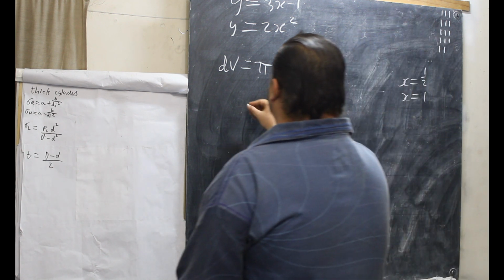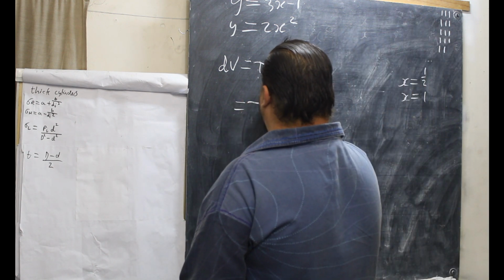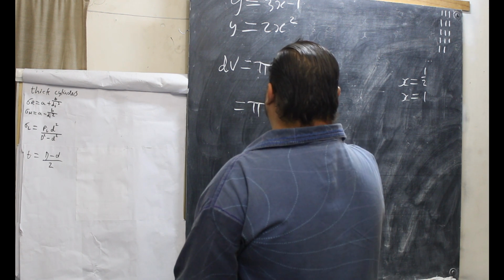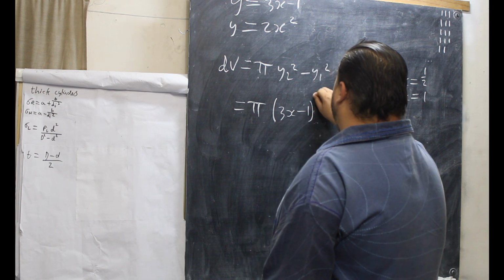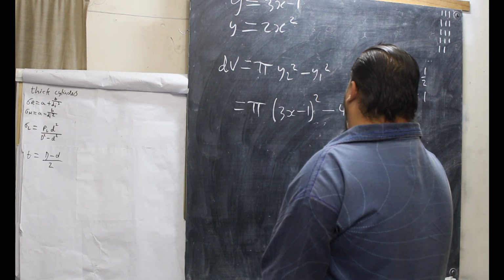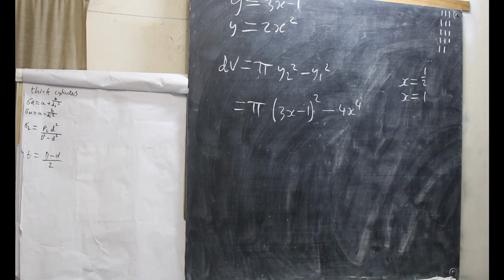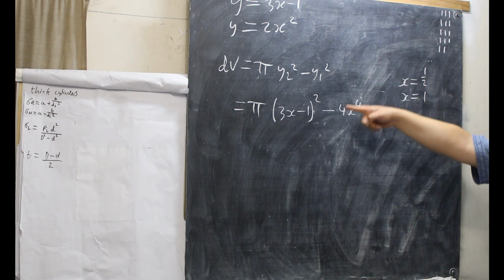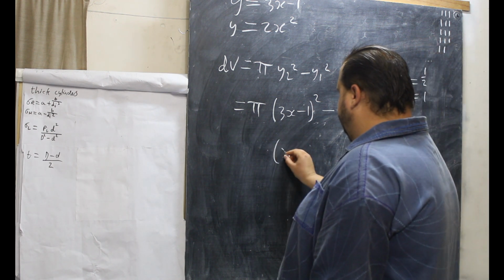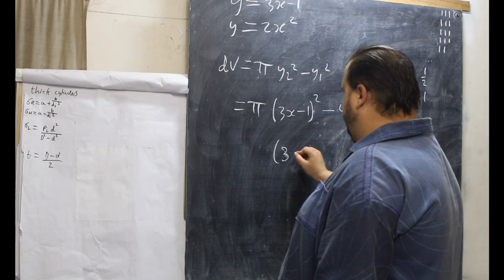So this will equal pi times 3x minus 1 squared minus 4x to the power 4. That's a lot easier to do than that one. So we're going to do the long way so that you understand.